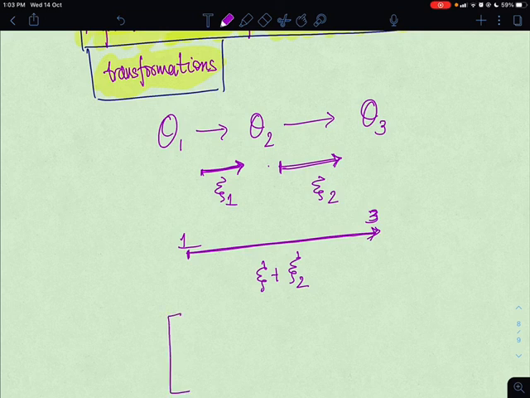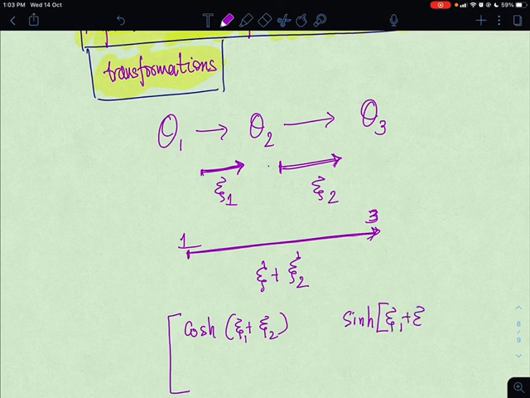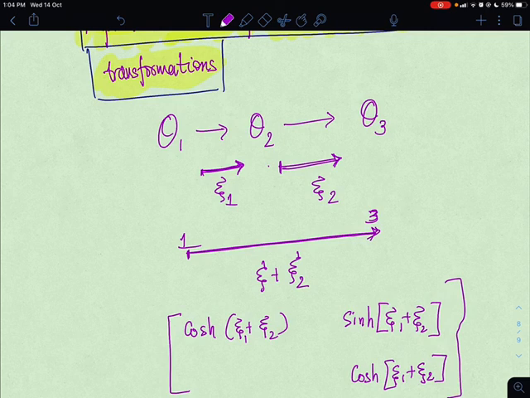So you will have things like cos hyperbolic of psi 1 plus psi 2, sine hyperbolic of psi 1 plus psi 2, cos hyperbolic of psi 1 plus psi 2 and so on. When I put a star, it means the same thing which comes here essentially.